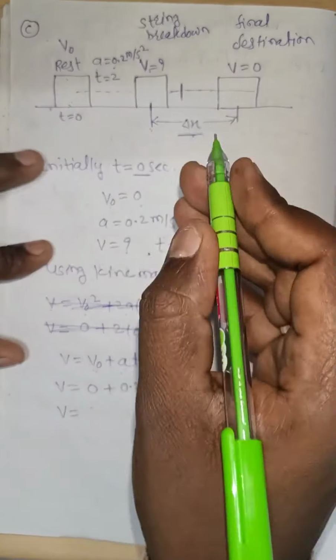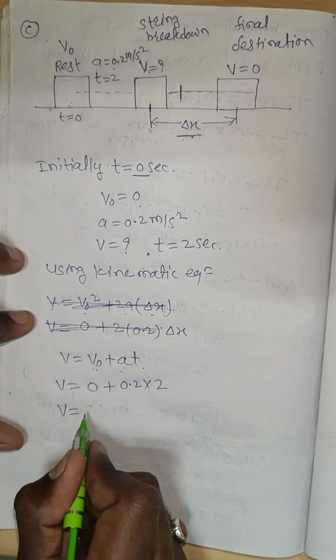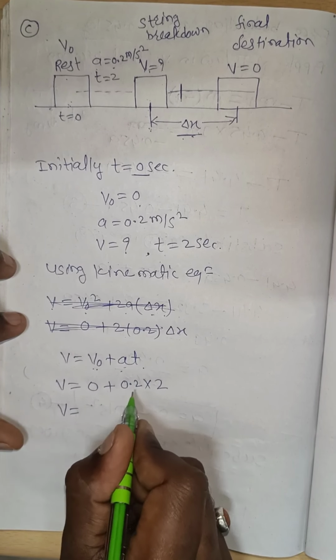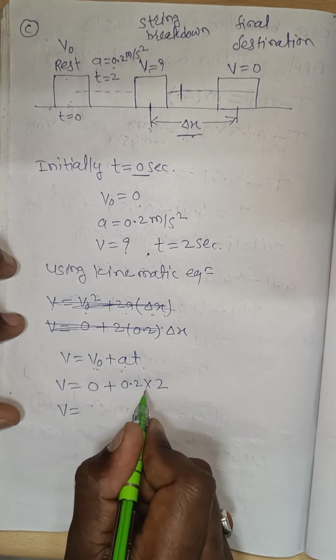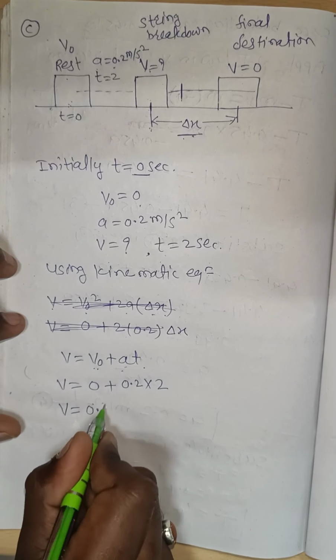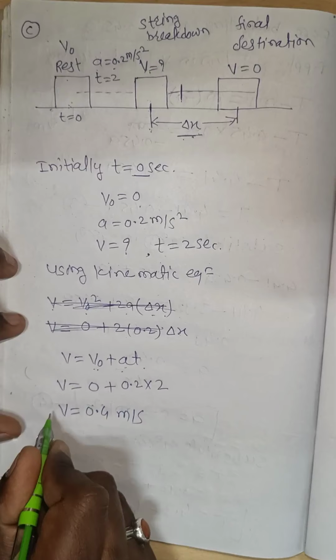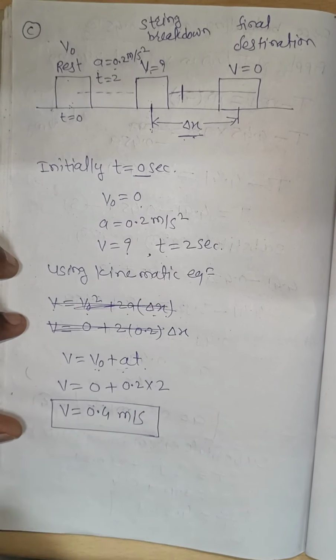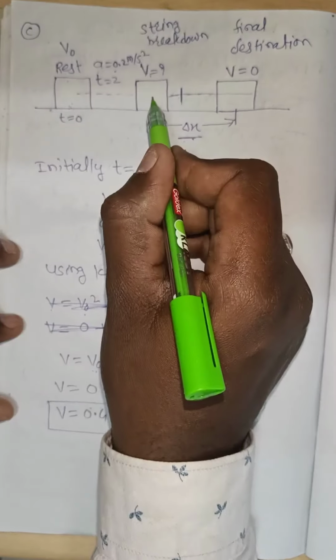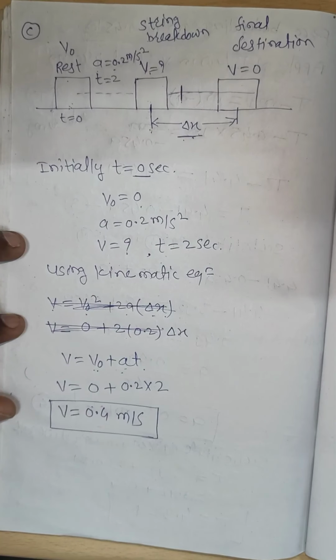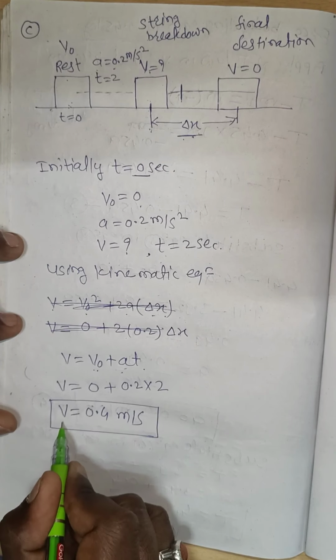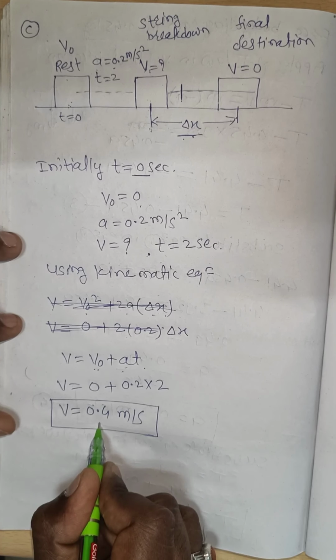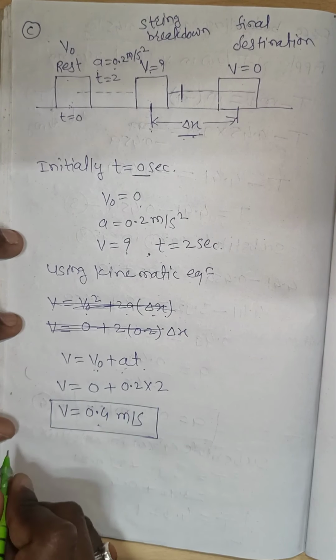Therefore, the final velocity when the block reaches that point is 0 plus 0.2 into 2, which is 0.4 meter per second. So when the string breaks down, the velocity of the block is 0.4 meter per second.